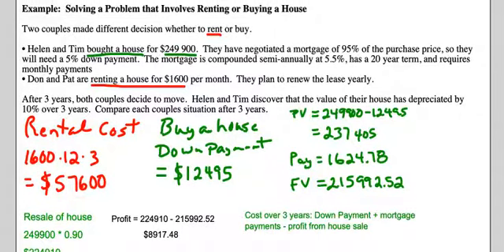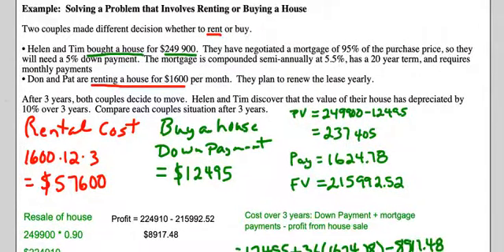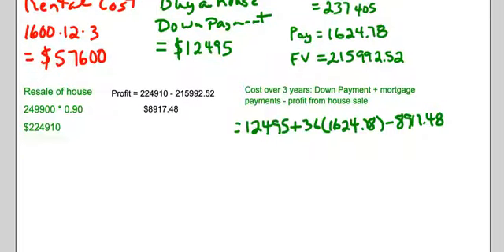So your costs over the 3 years would include your down payment, all of your mortgage payments, and then you could subtract the profit from your house. So what would that be? Well, here are the numbers.